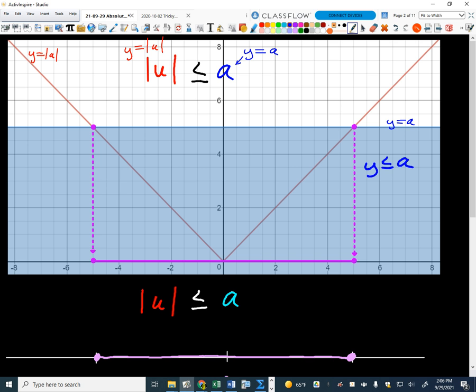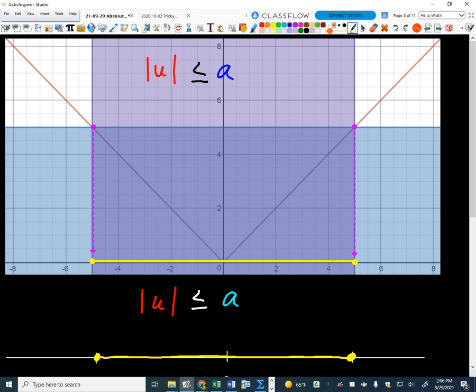So now we're looking for the intersection of this shaded half plane and the v-shaped absolute value function. So where do they intersect? They intersect in here, don't they? In this whole region in here is the intersection. The intersection goes from there up to there.